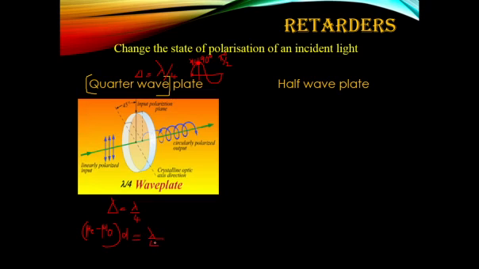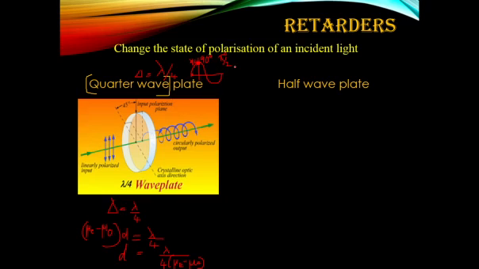So from this you can calculate what should be the thickness of the plate required to work as a quarter wave plate. And what is the function of a quarter wave plate? From our earlier discussion, you can see that a quarter wave plate can produce a phase difference of pi by 2 between extraordinary and ordinary ray.